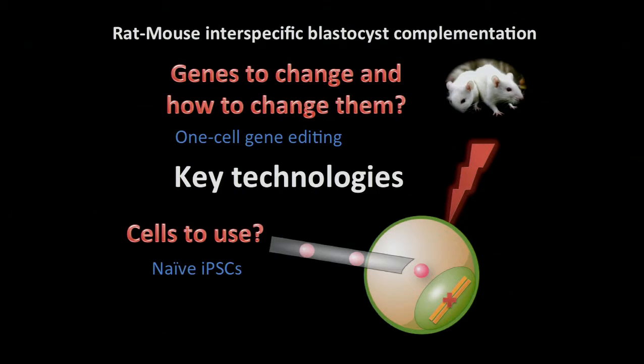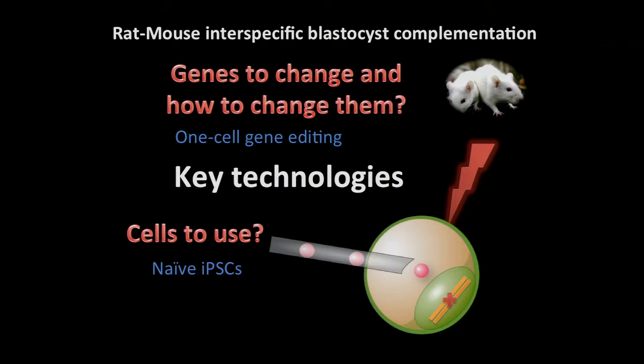So I want to give you a few examples by using the mice and the rat, two different species. The reason why we use two different species is that in order to generate human organs, we cannot use human embryos to do this work. It's ethically forbidden. We have to choose another animal host.